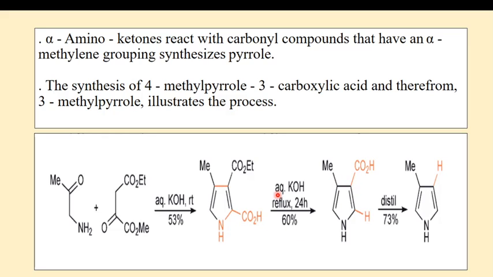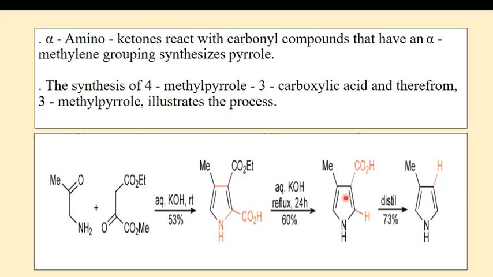So in this reaction, after reflux of 24 hours, it gives 60% yield and gives 4-methyl pyrrole-3-carboxylic acid. And after distillation, due to the removal of this COOH group, it gives 3-methyl pyrrole.